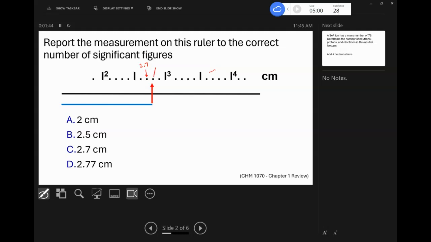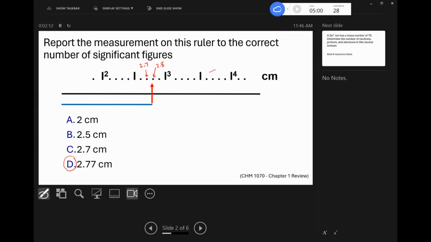It's a little bit before 2.8. We can approximate one more unit. So the correct number of sig figs here would be 3, for 2.77. 2.7 is certain, and you can have one uncertain digit, and that would still be considered a sig fig.